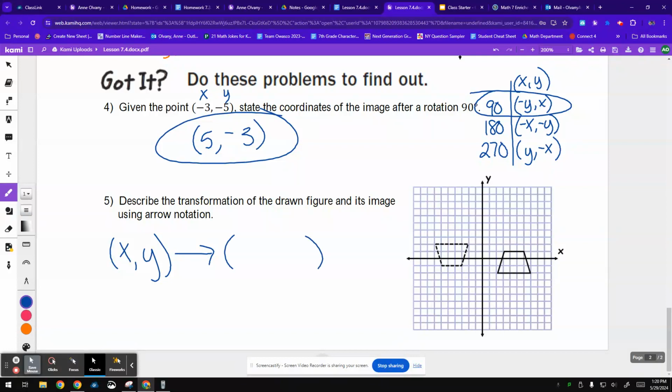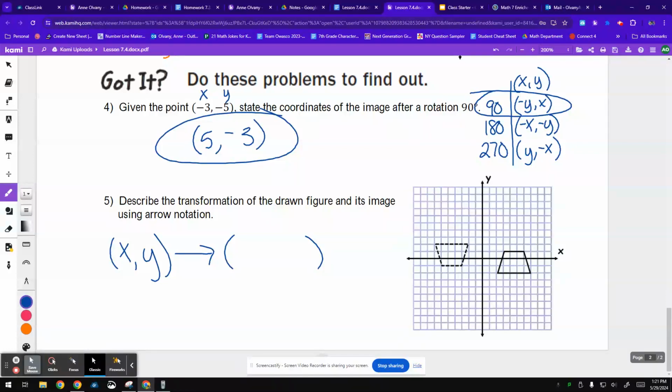You ready? Did you do it? This whole man says describe. Yeah, it says describe using arrow notation. I don't like arrow. Every once in a while, I'm right. It's not often, but every once in a while. Arrow notation is basically taking this and just writing X, Y becomes that.